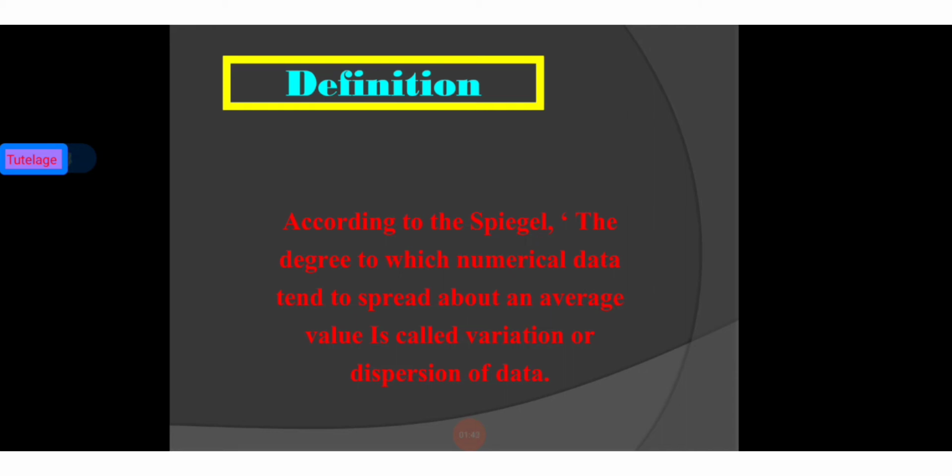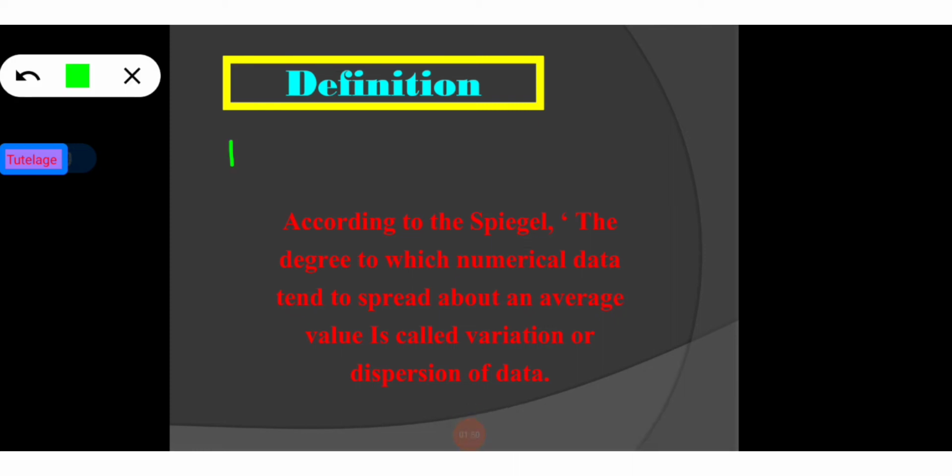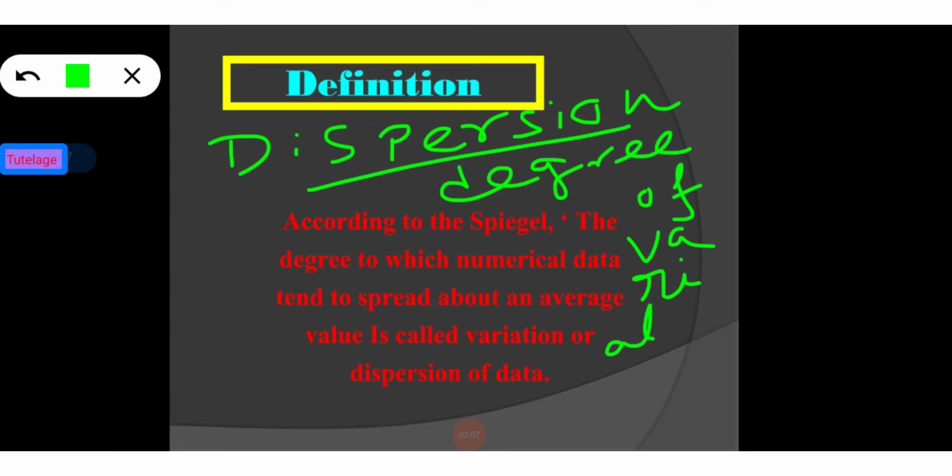So basically the word dispersion is basically the degree of variation. So this is the basic meaning, degree of variation.